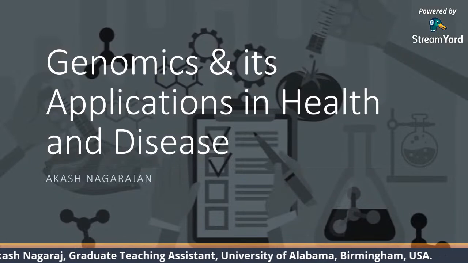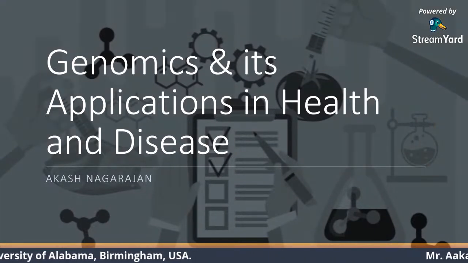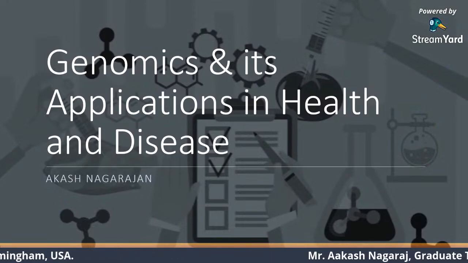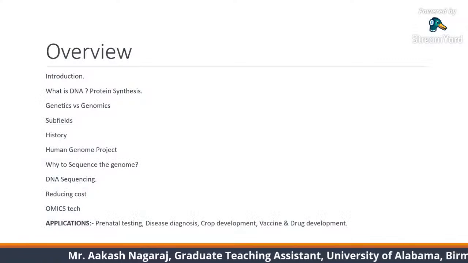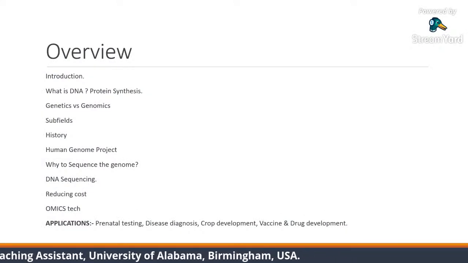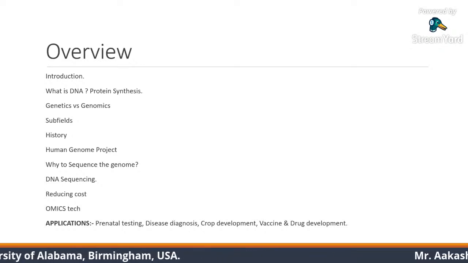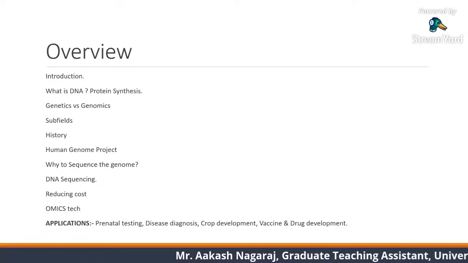So my topic today is genomics and its application in health and disease. This is just a short overview of what I'll be talking about today. First of all, introduction. What is DNA? Just basics and the difference between genetics and genomics.